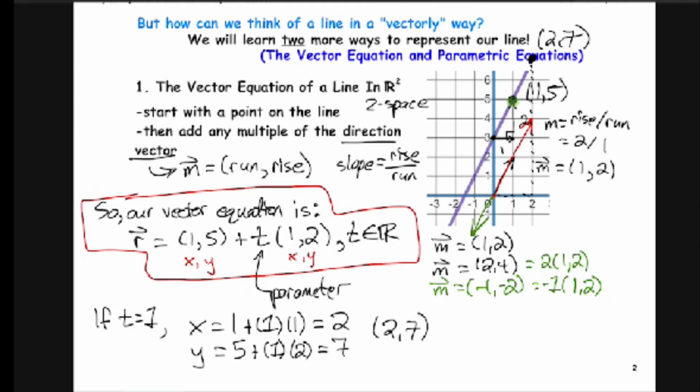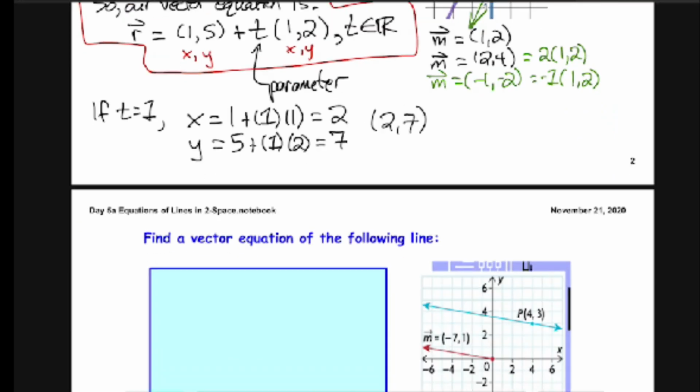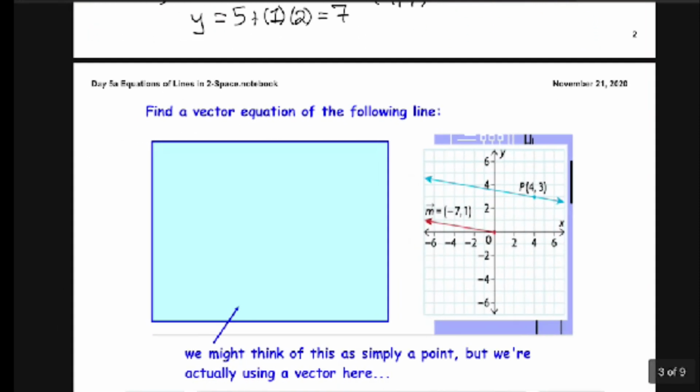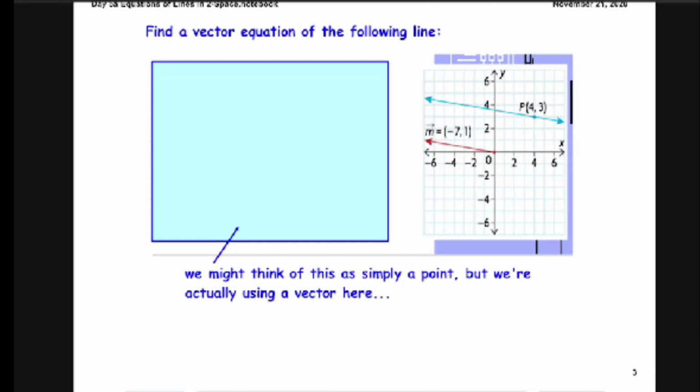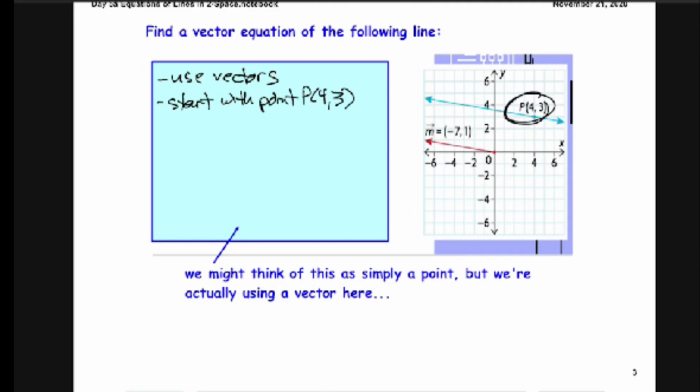Let's take a look at our next page and add a few other things to consider here. Find a vector equation of the following line. A few things to keep in mind. We're going to use vectors. We're going to start with our point, which is at (4, 3). So we're going to start with our given point right here.